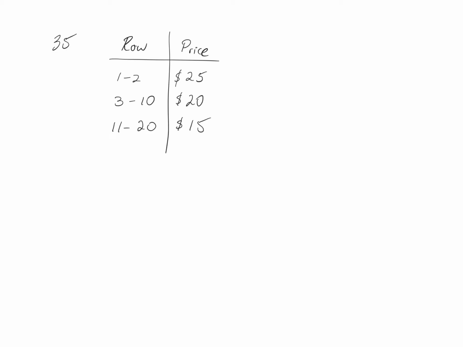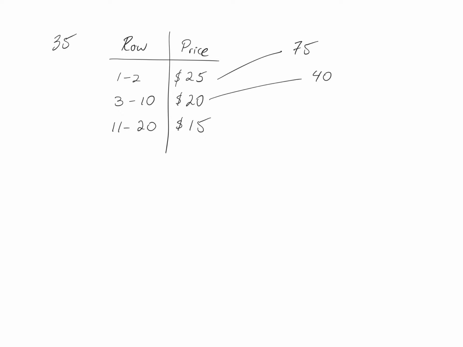Question 35 says that we are going to be buying 10 tickets. What is the average price of the ticket? We are told that we will be buying 3 tickets from row 1. So we're going to have 3 tickets from here. That's going to be $75. We will be buying 2 tickets from row 3. Well, row 3 is $20, so that's going to be $40.